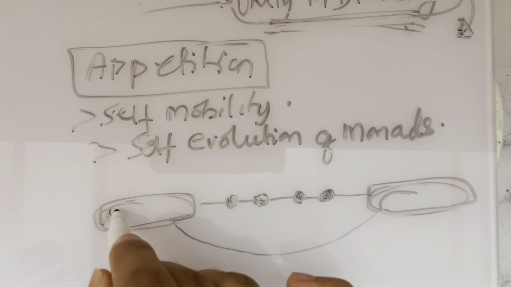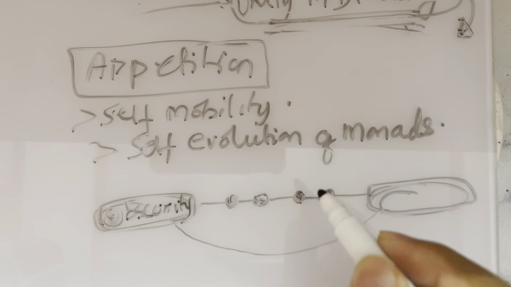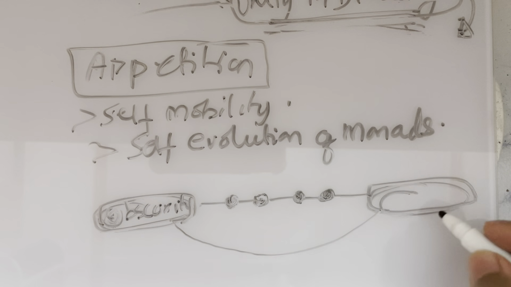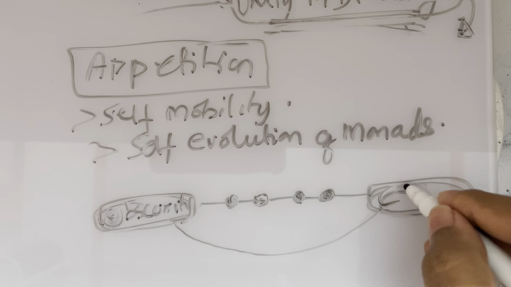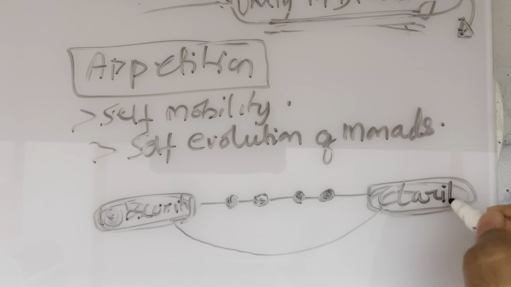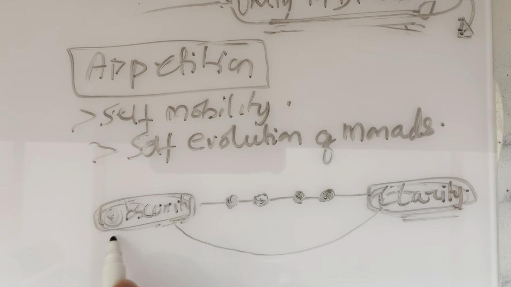Here at the lowest he puts obscurity. And here at the extreme right we have clarity, which is a feature of the perfect monadom.